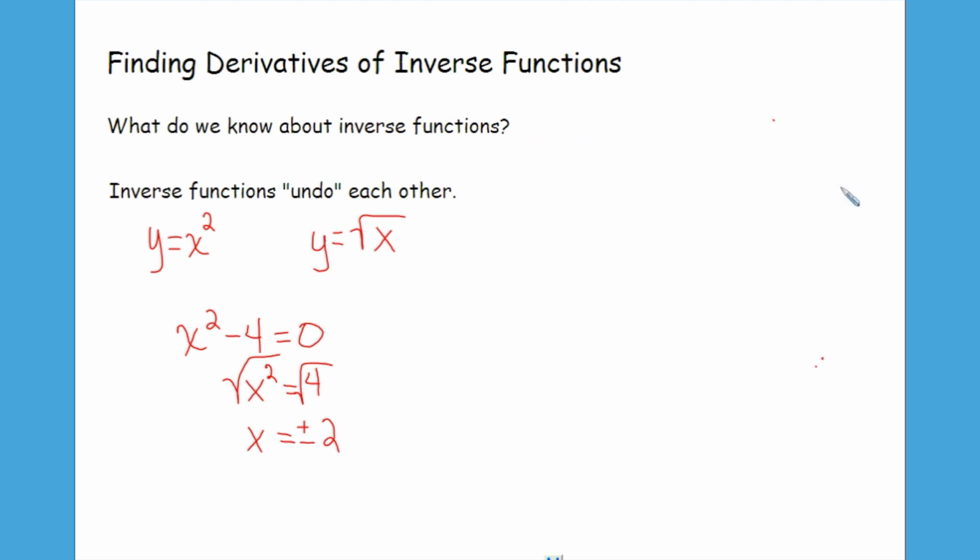When you talk about inverse functions, you have to talk about some different symbols. So let's talk about the original function. For our case, we're going to call the original function f of x.